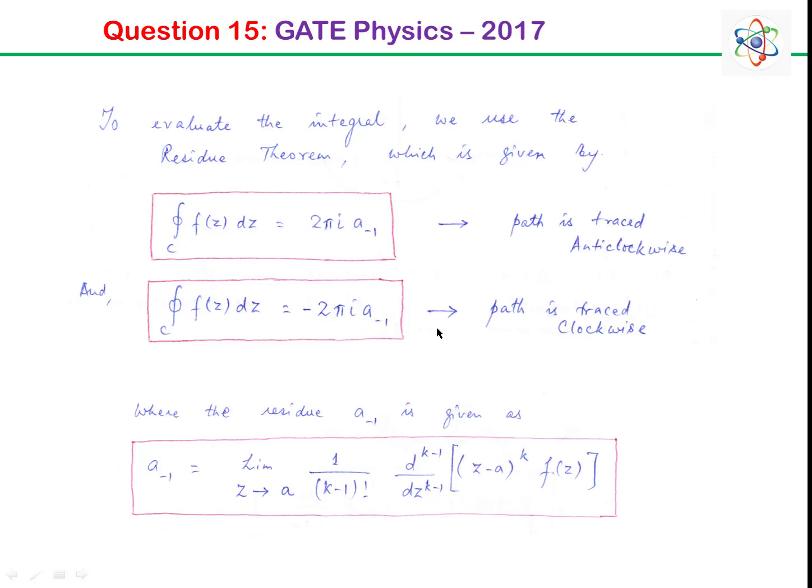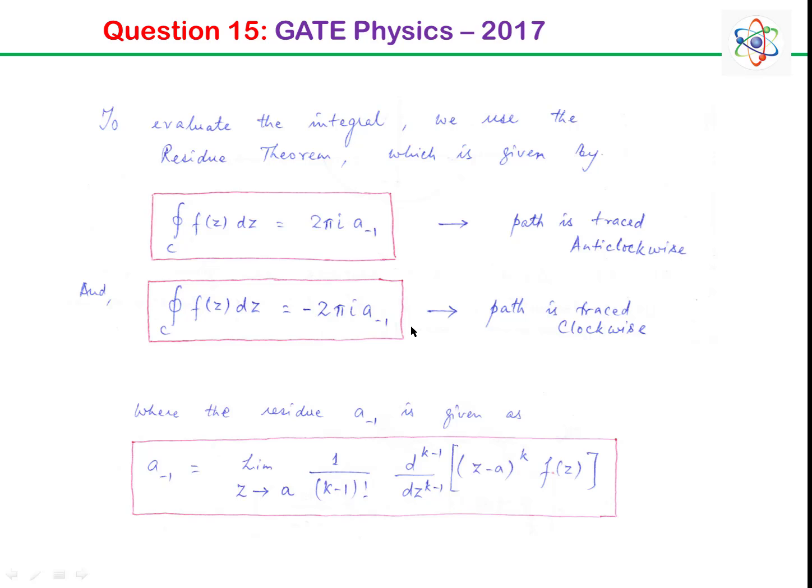To evaluate the integral, we have to use the residue theorem. The residue theorem is given like this: the integration of f(z) dz over the given curve C is equal to 2 pi i times a minus 1. This is for a path which is traced anticlockwise. If the path is traced clockwise, then we'll have a minus sign on the right hand side.